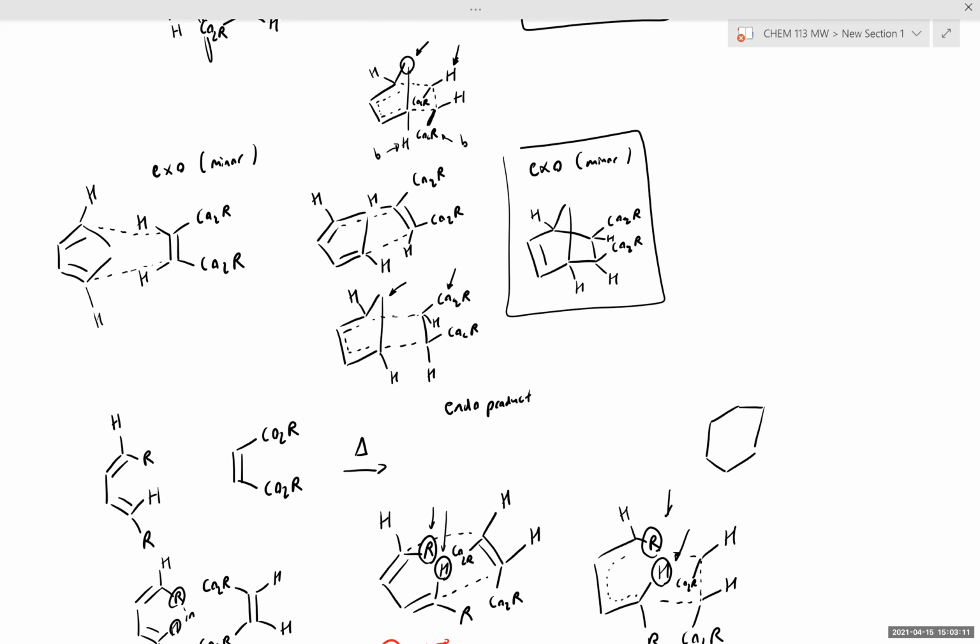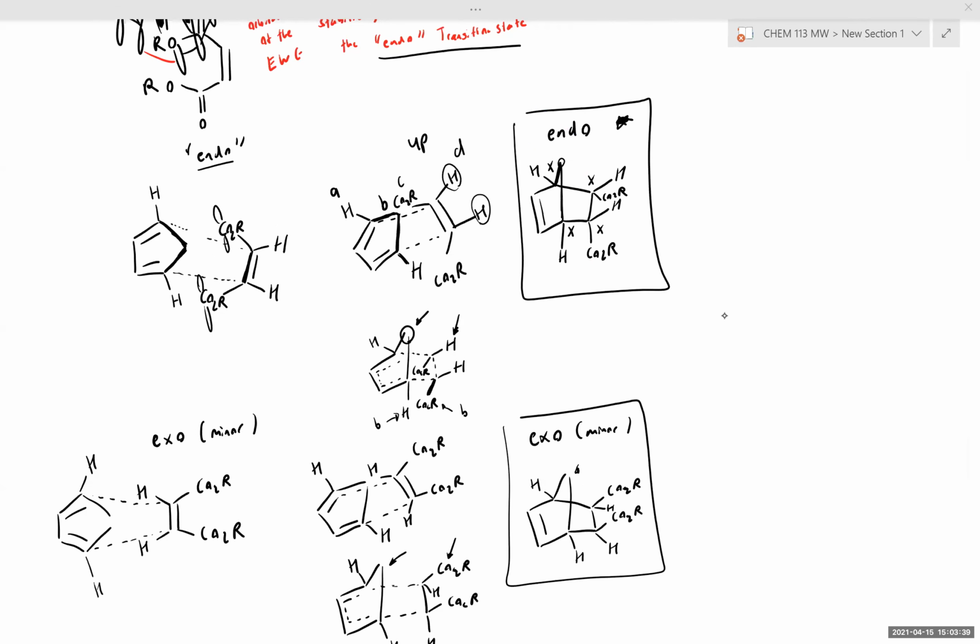Does that part make sense? So looking at the previous example, we saw from the endo approach for cyclopentadiene, we ended up with both of our alkyl groups as part of this cyclopentadiene.